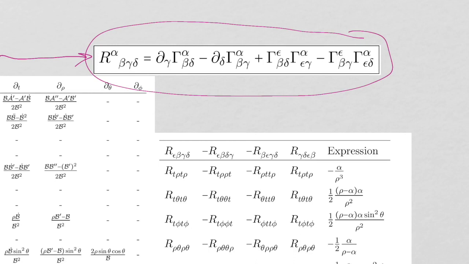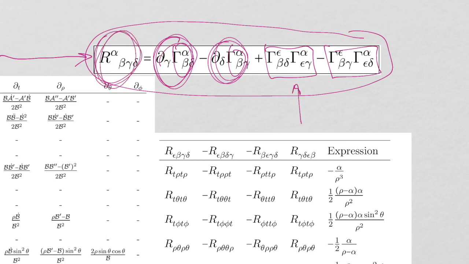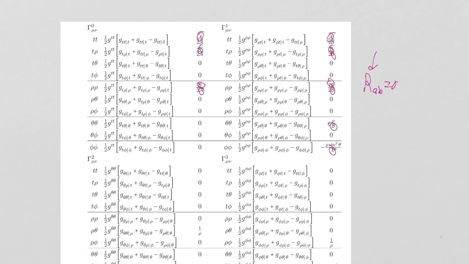And in this case, our connection is the metric connection, and we know these Christoffel symbols, right? So here's two Christoffel symbols multiplied together, but in this case, the Christoffel symbols come in as their first derivatives. So we can take every component of the curvature tensor and we can calculate the last two pieces, because we just have to multiply together these guys, right? The guys we found here, right?